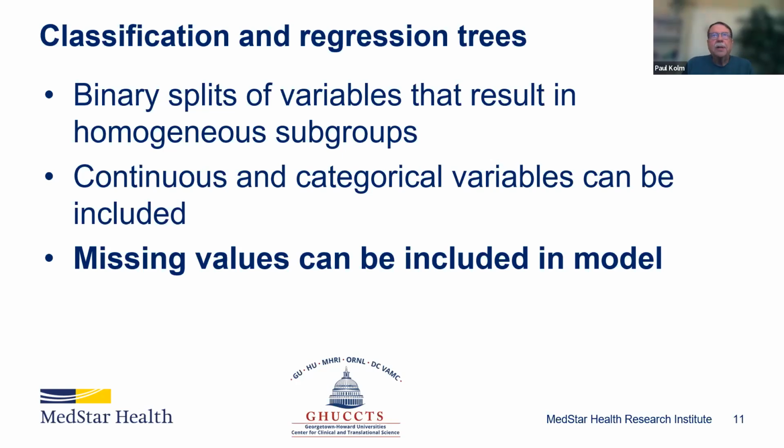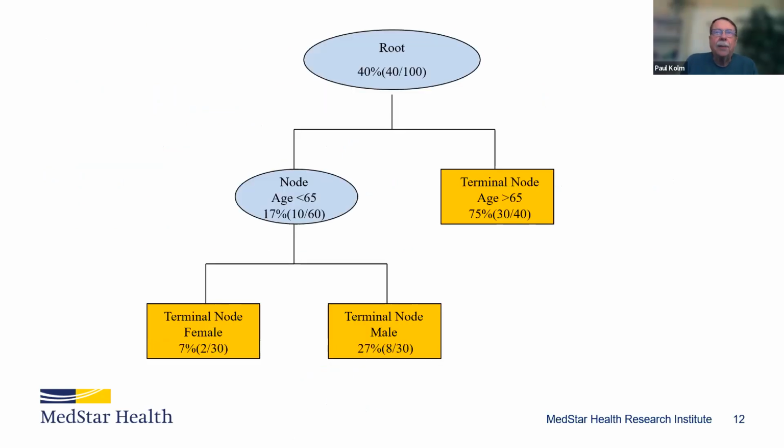And so this is what a tree looks like. It's actually upside down. So we start with the root that has our outcome. In this case, whatever our outcome is here, 40% of the patients experience that outcome. And our first split here is by age.